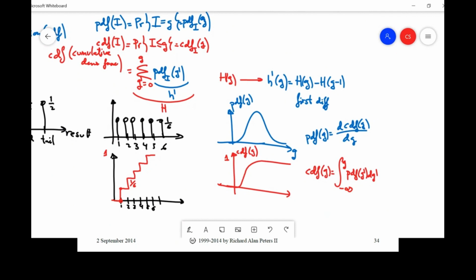So these two operations are complementary to each other, the opposite of each other. And these two operations, this one and this one, are also the opposite of each other. Integrating in continuous signals is the equivalent of summing in discrete signals, and differentiating is the equivalent of computing the first difference.